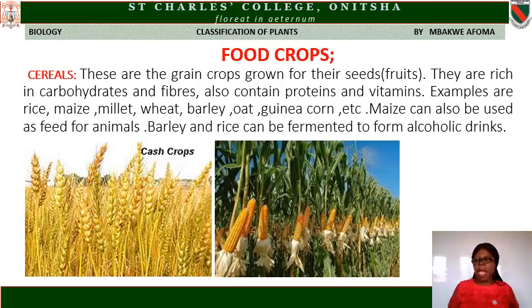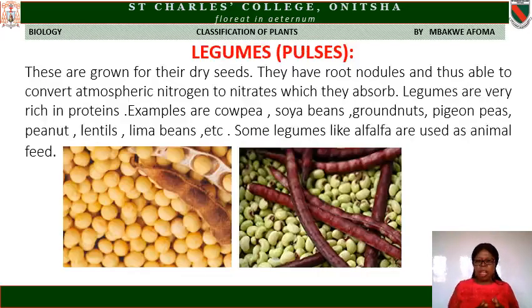Examples of them, you can see those in the diagram, are rice, maize. We also have millet, barley, and the rest of them. Something like barley and rice, they can be fermented and be used in the brewing industry to produce alcoholic drinks.